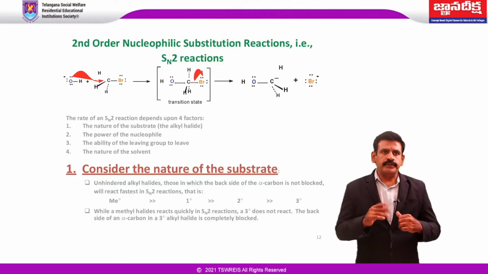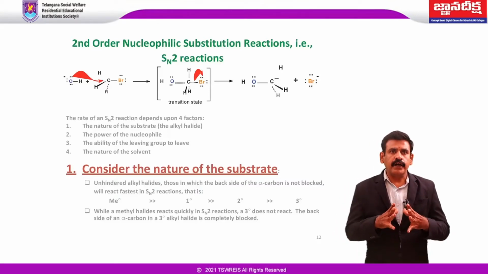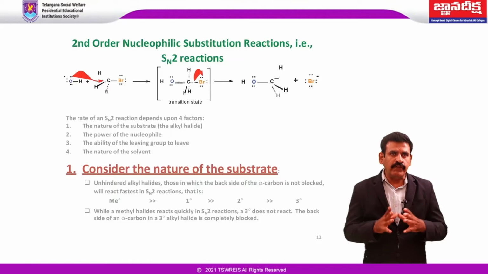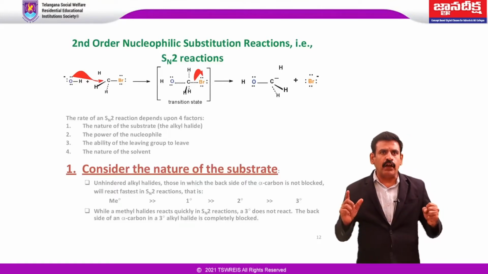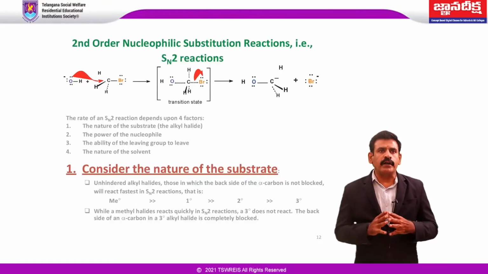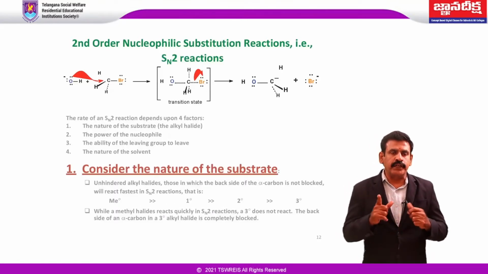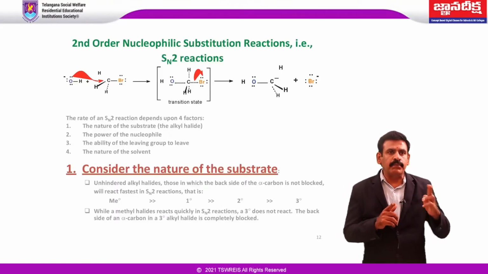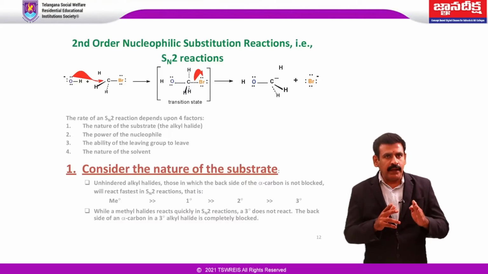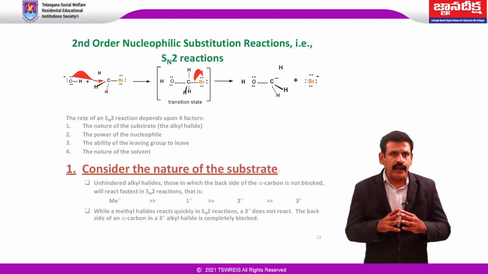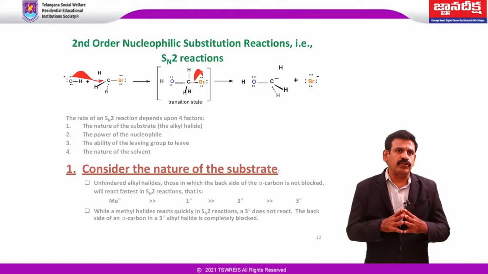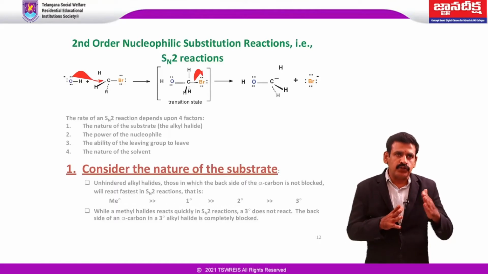In the first one, consider the nature of the substrate. Unhindered alkyl halides, those in which the backside of the alpha carbon is not blocked, will react fastest in SN2 reactions. So methyl, then primary, then secondary, and then tertiary alkyl halides are favored for SN2 reaction.